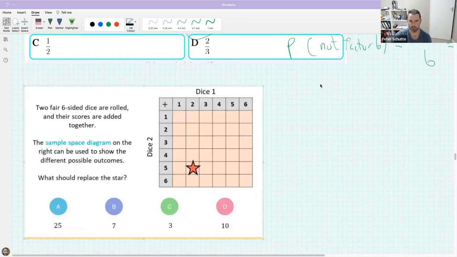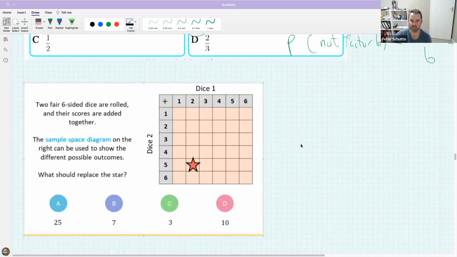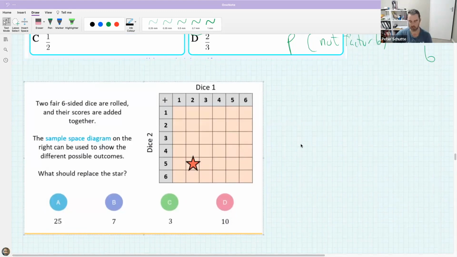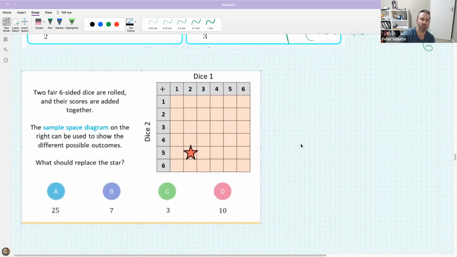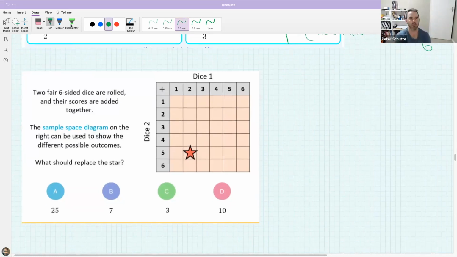Okay, now here is another visual structure that we can use to help us see outcomes. Now imagine that you are throwing 2 dice. Okay, so you've got 2 dice, and what you're doing is you're adding their scores together. So an example would be if I throw 1 and 6 on my 2 dice, 7 would be my number.